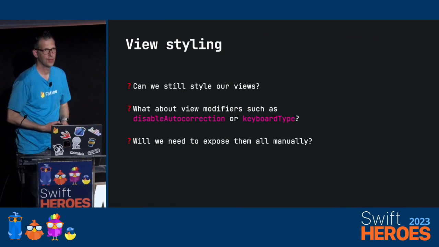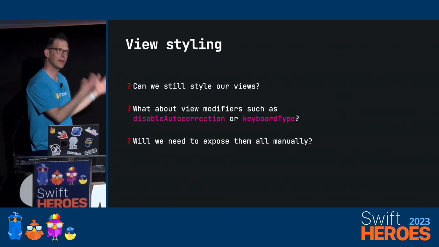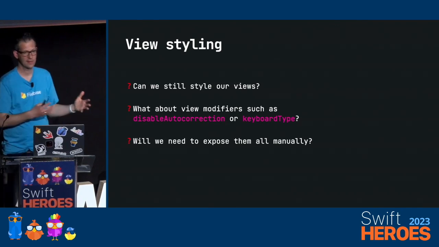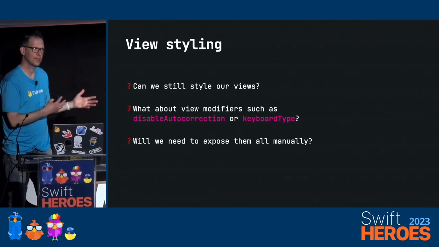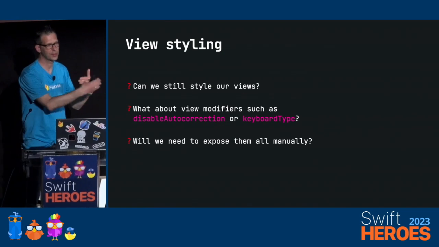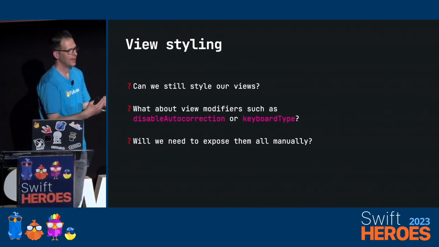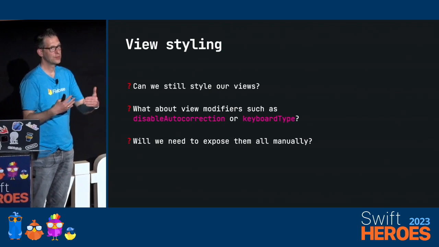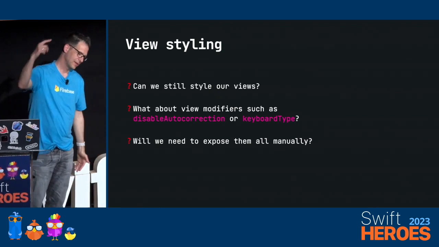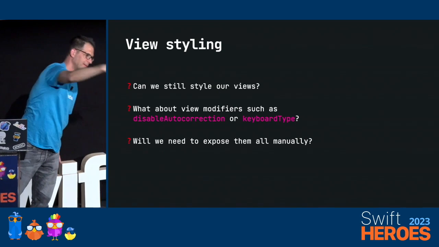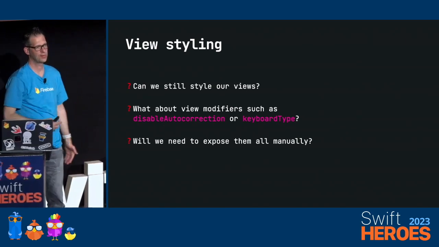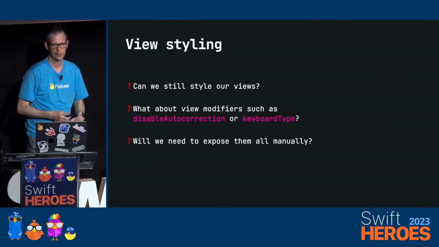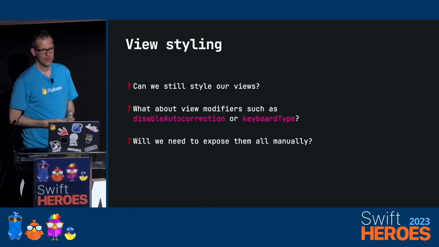Cool. So now the question is, can we still style our views? Will things like disable autocorrection or keyboard type still work? Because we created a new view, and for the developer, do they need to poke through the thing to control what's going on inside, or can they just use the outer interface to do that?